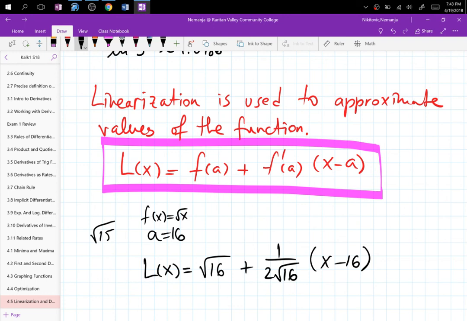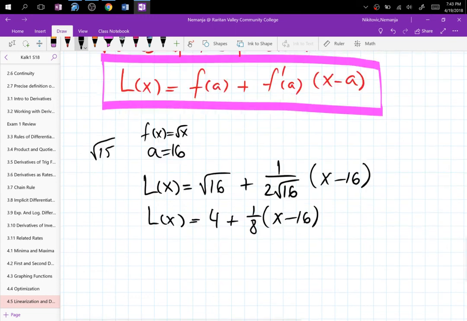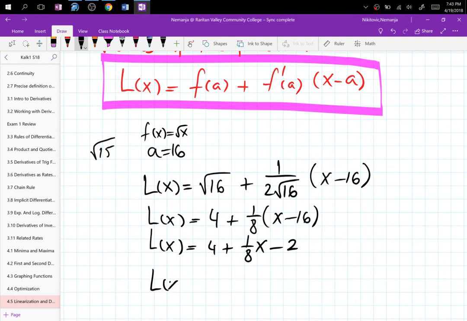So the function is f of x. You want to compute that at a, and a is 16, so plug it in. L of x is square root of 16, which is 4, plus this works out to be 1 over 8, and you have x minus 16 over here. L of x is equal to 4 plus 1/8 times x minus 16. And there's your L of x. We had this as a tangent line earlier, but now we got it from a single calculation.